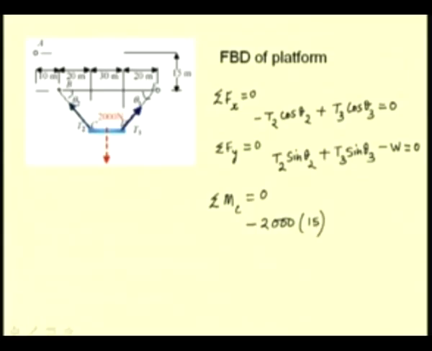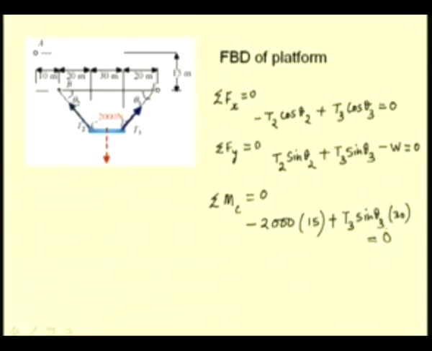The moment due to the vertical component of the force T3 is plus T3 sin theta 3 times the moment arm, which is 30. The horizontal force, that is T3 cos theta 3, passes through the point C, and so it does not have any moment.